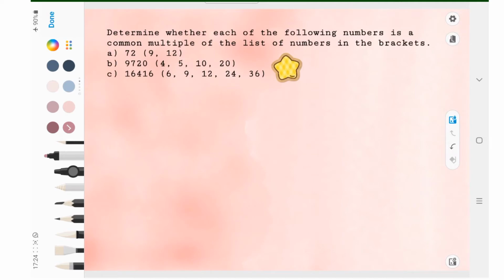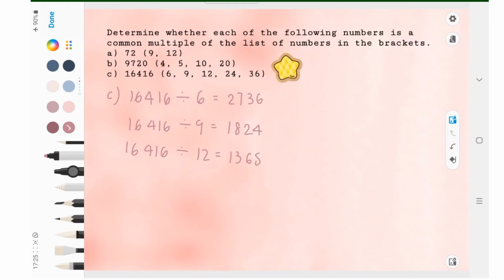C. 16,416, and in the brackets are 6, 9, 12, 24, and 36. Same, we take 16,416 divided by 6 equals 2,736. Then divide by 9, the answer is 1,824. 16,416 divided by 12 equals 1,368.